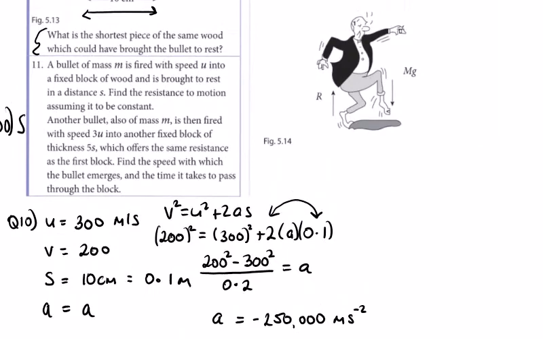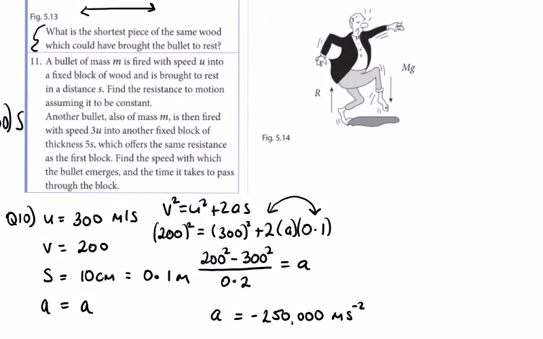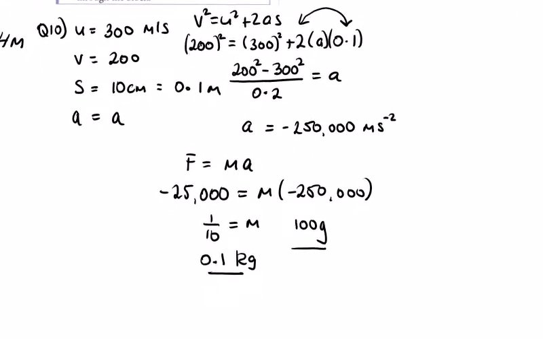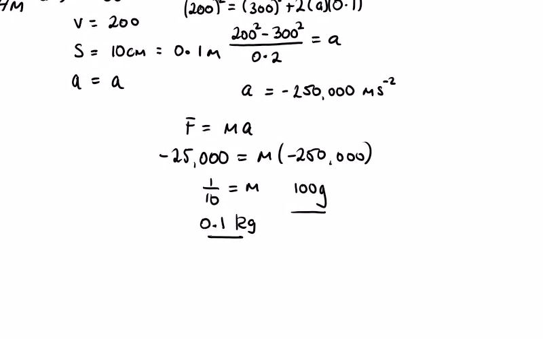Then we're asked, what's the shortest piece of the same wood which could have brought the bullet to rest? Okay, so if we imagine it's coming to rest, here's my piece of wood. So it goes in, and we're imagining that it's stopping at some point. It's not coming out the other end, and we don't know its length.